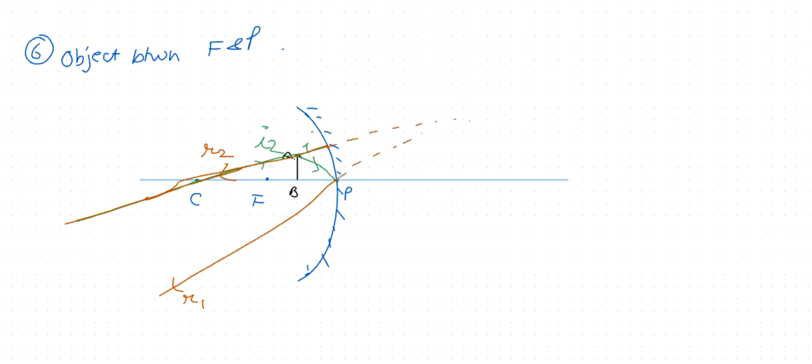So now what do you see? The image is formed. The intersection is here, right, over the principal axis. So where is the image formed? Image is formed beyond the mirror. Okay. This is my image. I call it as A dash, B dash.